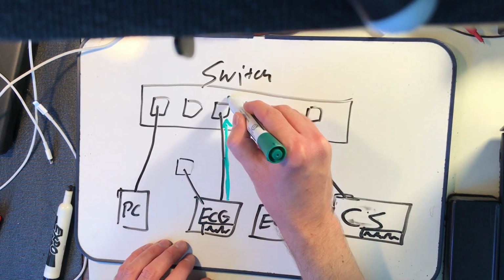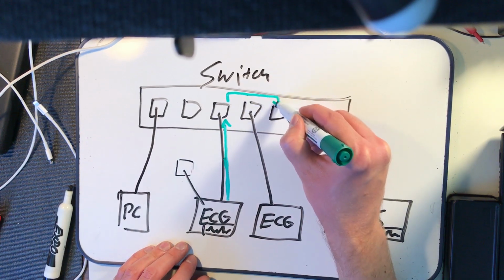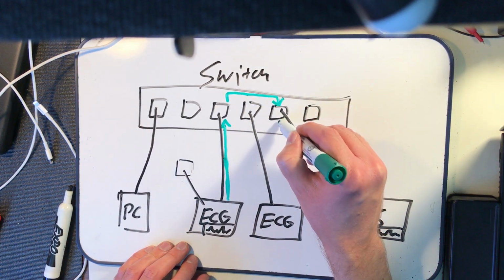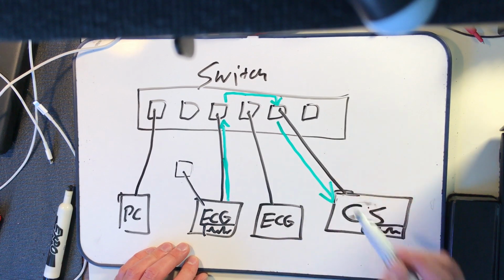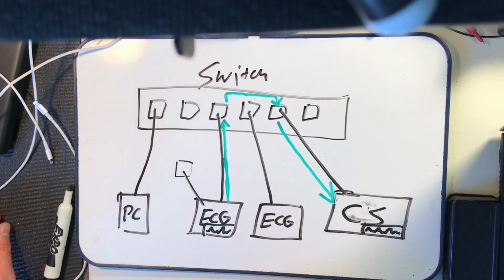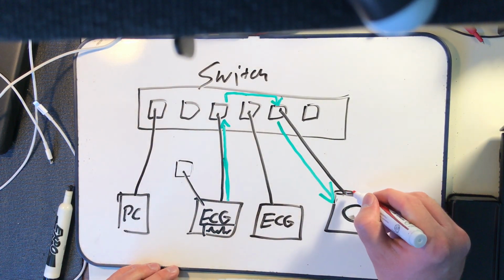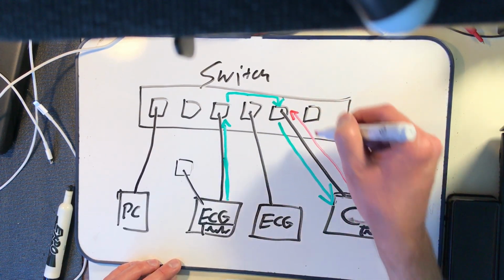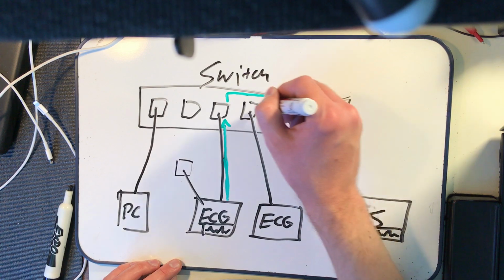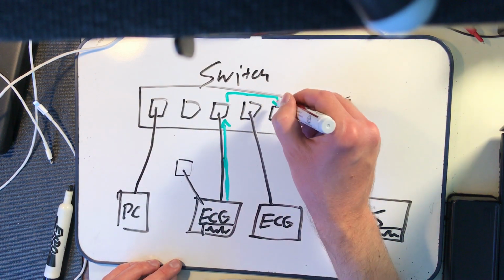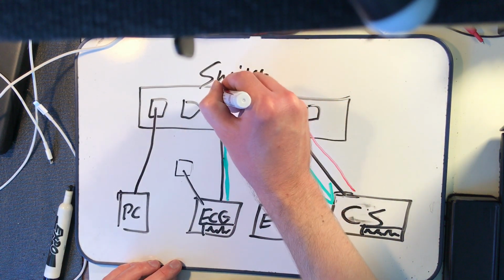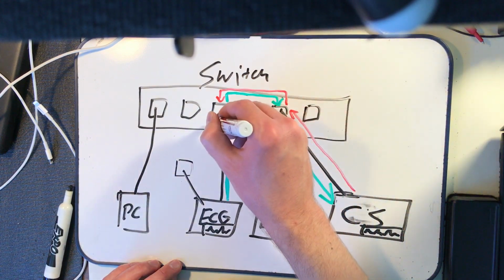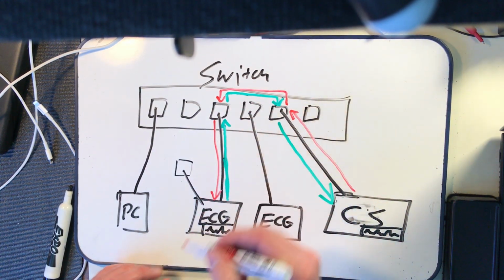So the switch is going to take that data, send it over to that port, and then send it to the central station. The same is true in reverse. If the central station wants to talk back, it goes up to the port, with the intended recipient of this packet being this ECG, it sends it to the switch again, and back down to the port for the ECG.